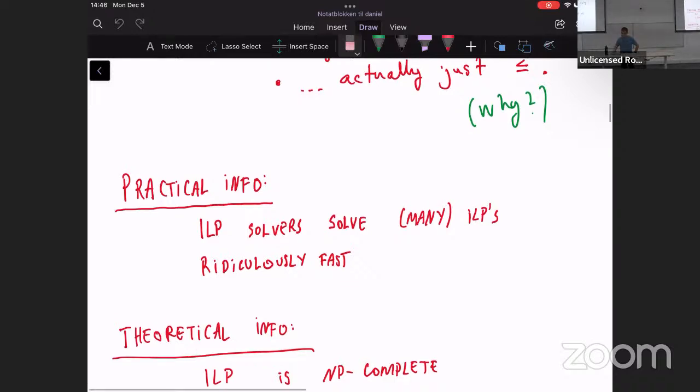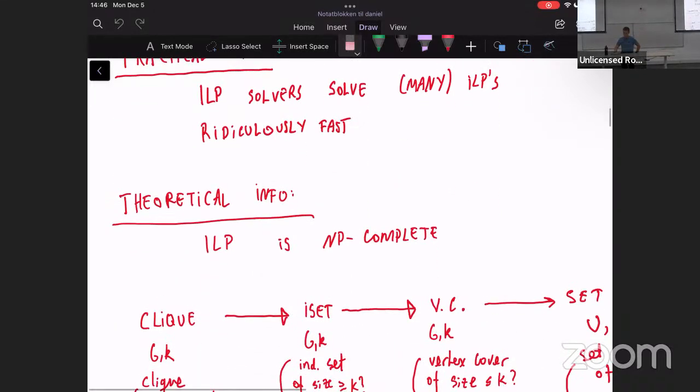So that's the good news, and here's the bad news. The bad news is that ILP is NP complete. So this is one of those weird problems which very often are solved very fast in practice, but on the other hand, in theory, cannot always be solved to optimality in polynomial time. Of course, what does this mean?